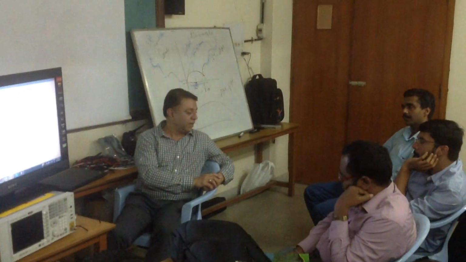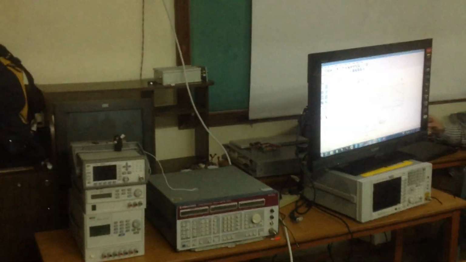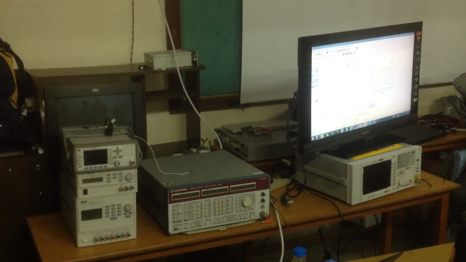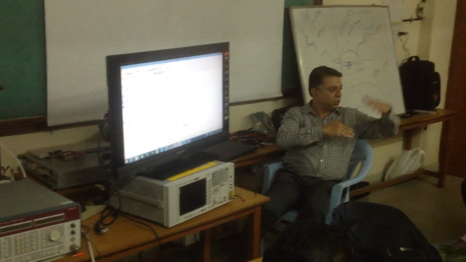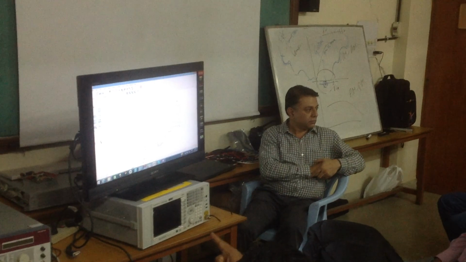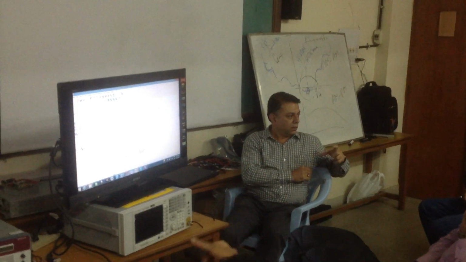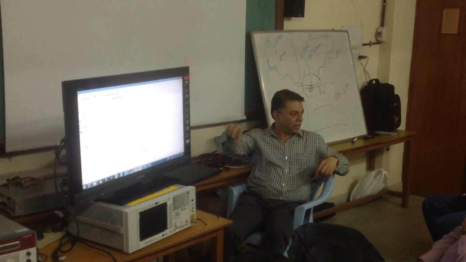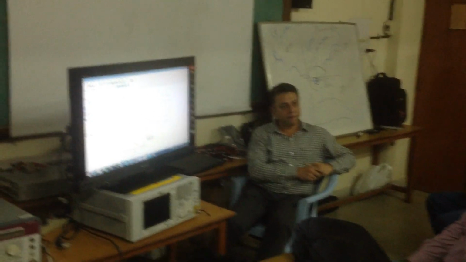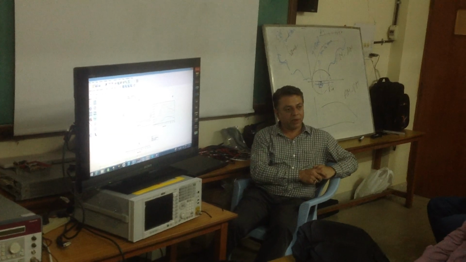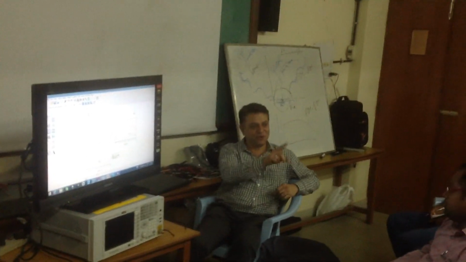But if you go for a balanced configuration, there will be no effect. Balanced means two elements with a divider. If you use the emitter feedback, you can still get compromised. I'll come to your feedback also.